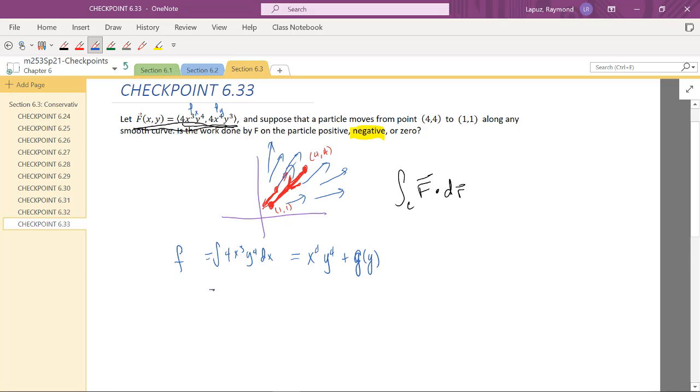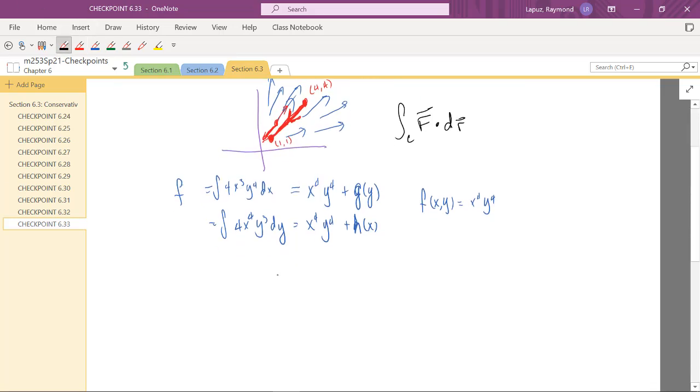And similarly, if we integrate the second function, 4x to the fourth y cubed, with respect to y, we're also going to get the same thing. It looks like we can then identify our potential function as f of x, y equals x to the fourth, y to the fourth.